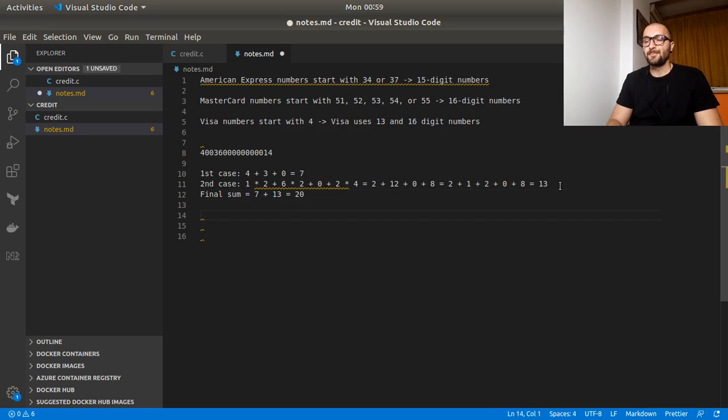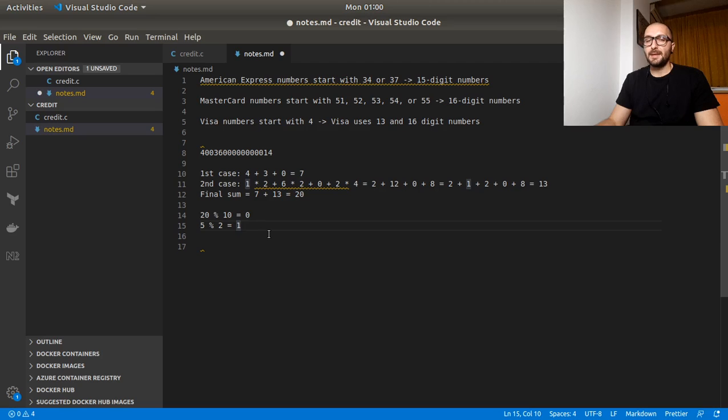The condition says that this number should end with a 0, or in other words, 20 modulo 10 equals 0. What's modulo? For example, 5 modulo 2 equals 1. What does that mean?